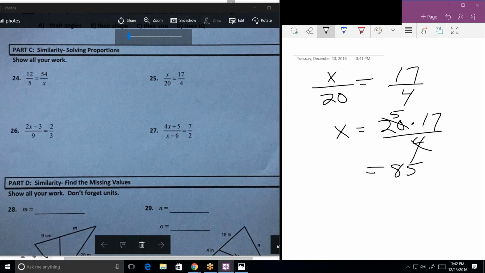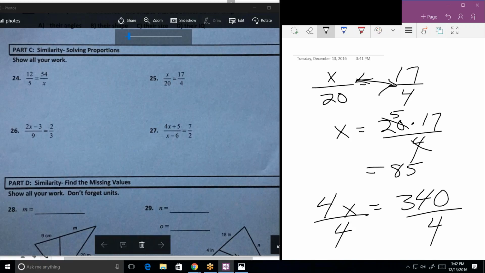If I do cross multiply, I now have to divide both sides by what I just multiplied both sides by. Cross multiplication is nothing but multiplying by this denominator and then by that denominator. It seems kind of silly to multiply 4 times x and then divide both sides by 4. That's an extra step.